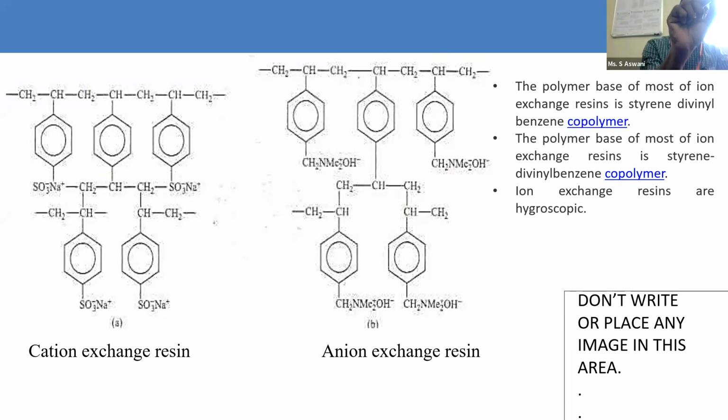Instead of sodium, sometimes it has H plus ions. Sometimes we have to use only H plus ions. That means sulfonic acid cation exchange resin. If sodium, it is a sodium sulfonic divinyl copolymer cation exchange resin. Here the sodium form of the cation exchange resin is used.